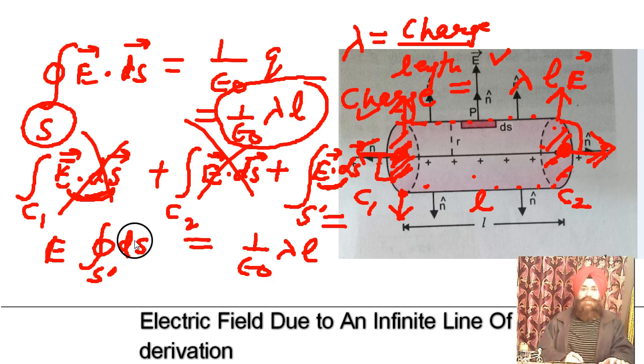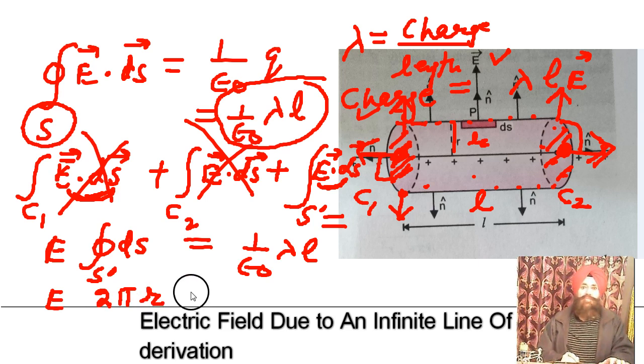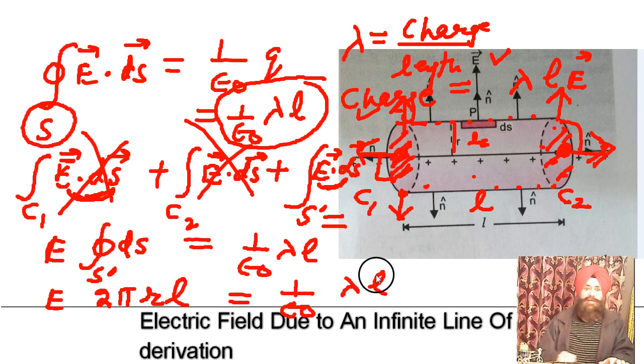What is the total surface area of the curved surface of the cylinder? If the radius is r, then the surface area becomes 2 pi r, which is the circumference, into the length L. So E times 2 pi r L is 1 upon epsilon naught into lambda into L. L cancels.